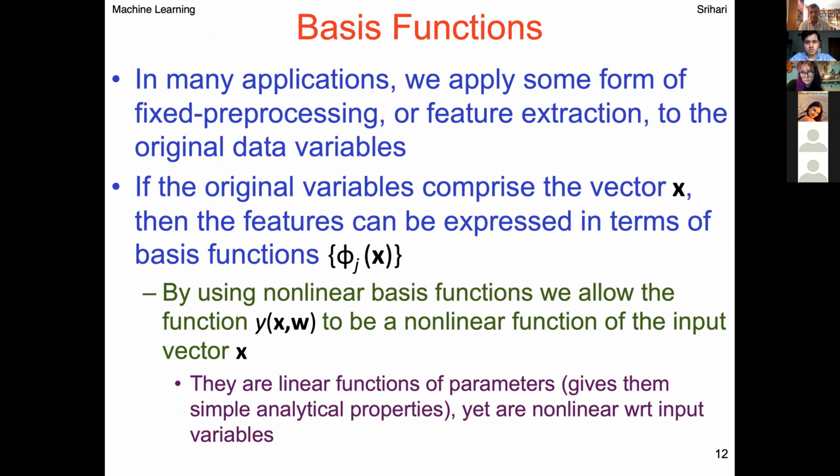If the original variables comprise the vector x, then the features can be expressed in terms of the basis functions phi j of x. So we are saying that we replace the x's with some function of the x, for example, the powers of x. By using nonlinear basis functions, we allow the function y of x, w to be a nonlinear function of the input vector x.